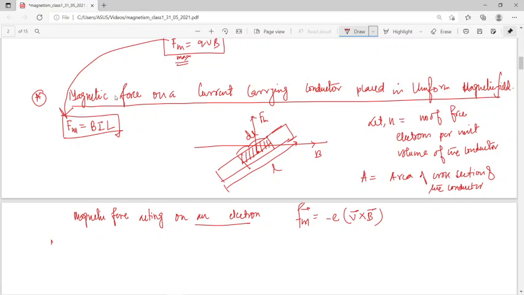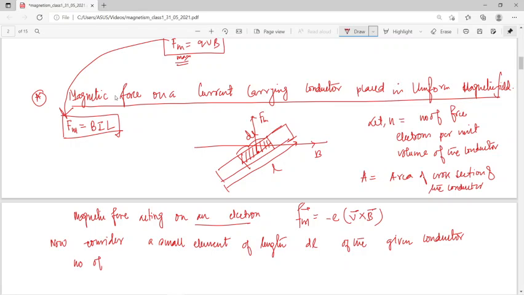So now, because in boards you have to write like that, we consider a small element of length dl of the given conductor, and you know that the number of electrons in the small element is nothing but n multiplied by the volume of the element, and the volume of the element is nothing but the cross sectional area multiplied by the distance.